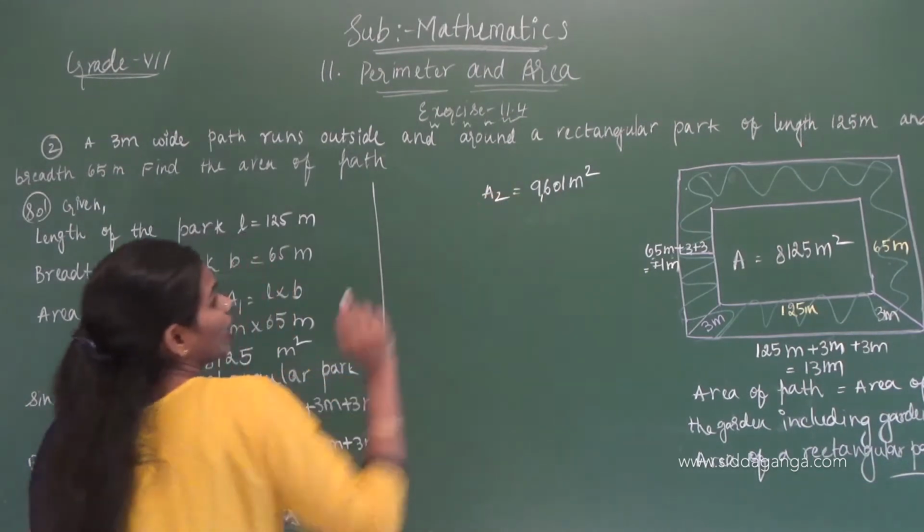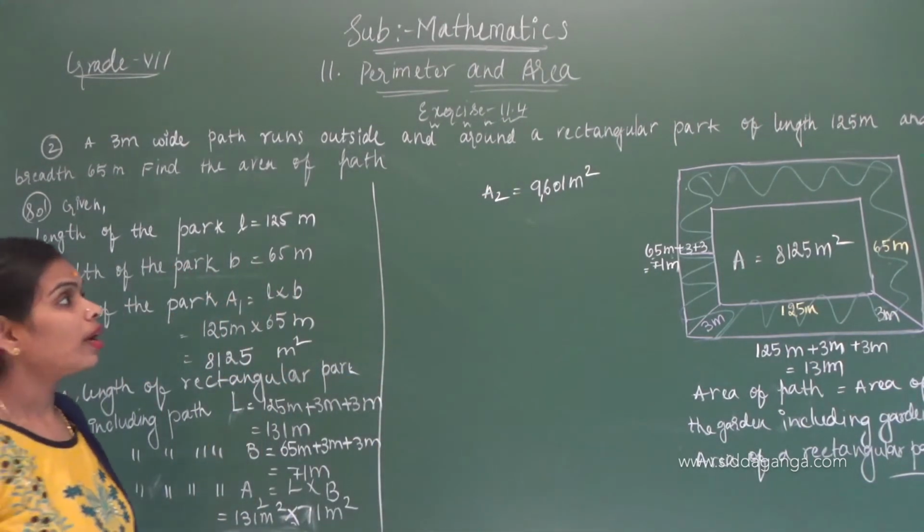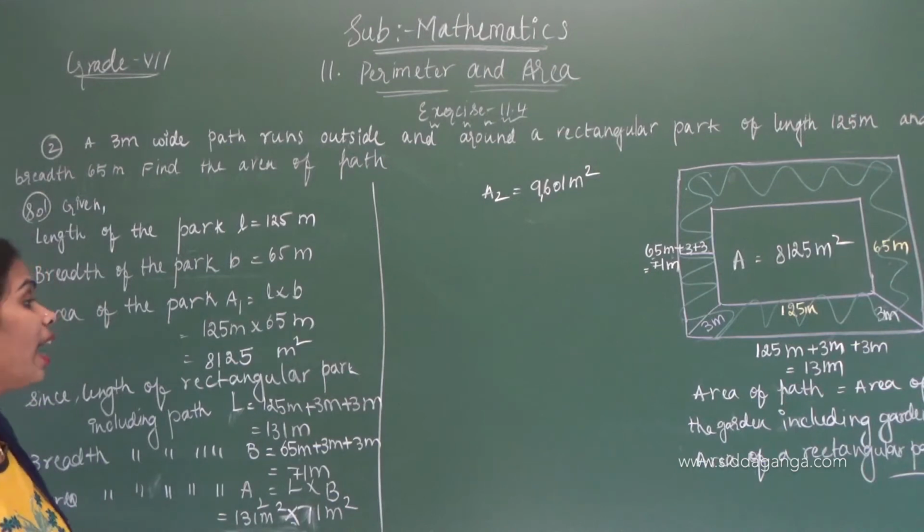This one will be A2. What is the value of A2? 9601 meters square, correct, children?